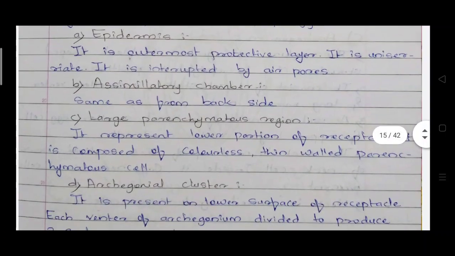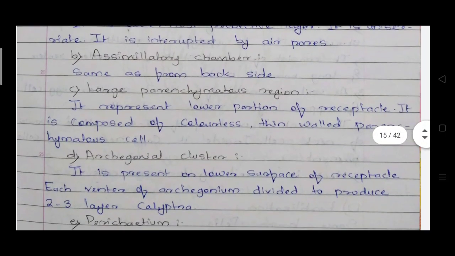The large parenchymatous region is the lower portion of the receptacle, and it is composed of colorless thin-walled parenchymatous cells. Then the archegonial clusters are present, mostly at the lower surface of the receptacle.